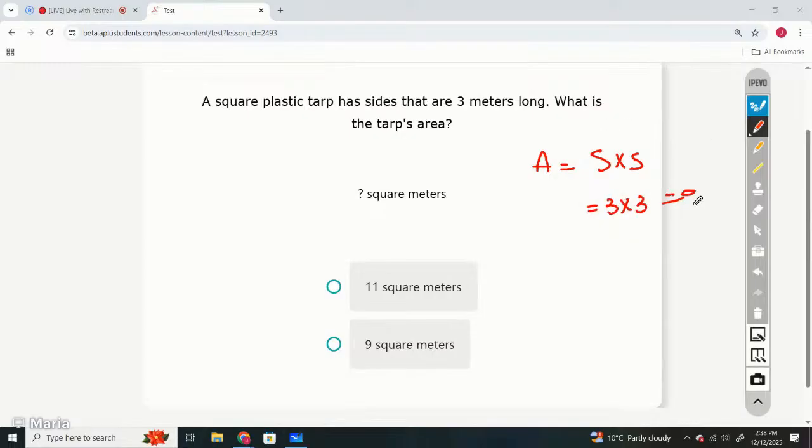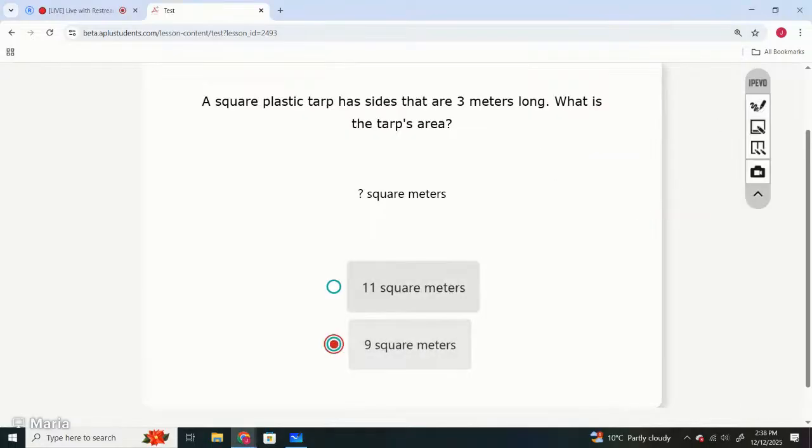That equals 9 square meters. Option number 2 is the correct option.